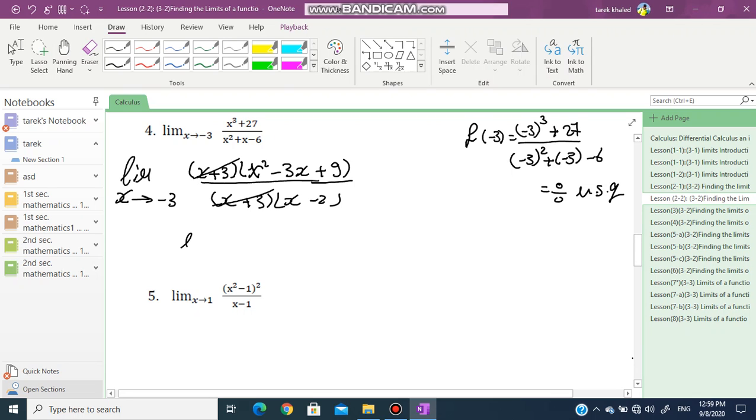So limit x tends to negative 3 of (x^2 - 3x + 9) over (x - 2).